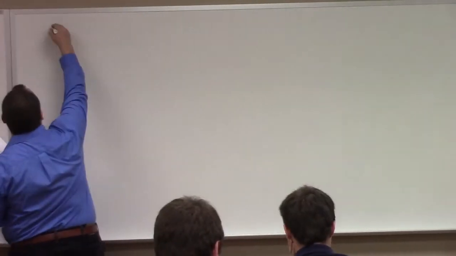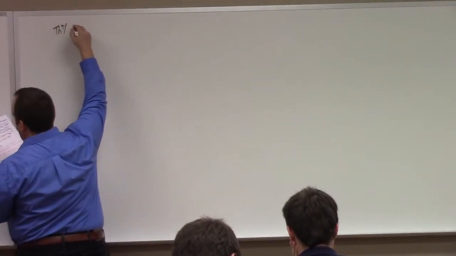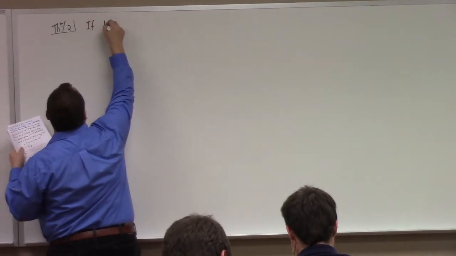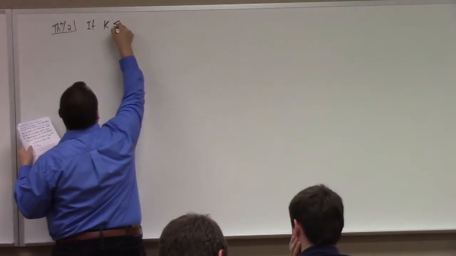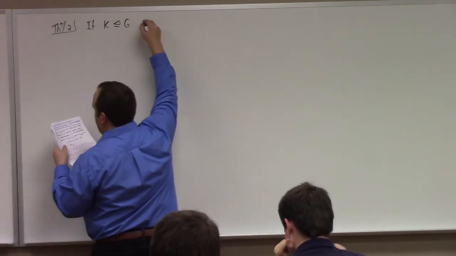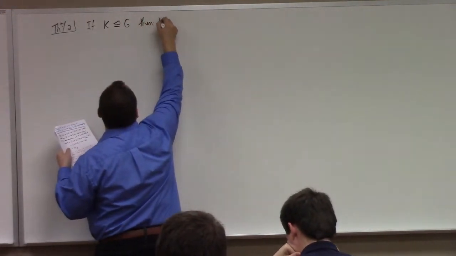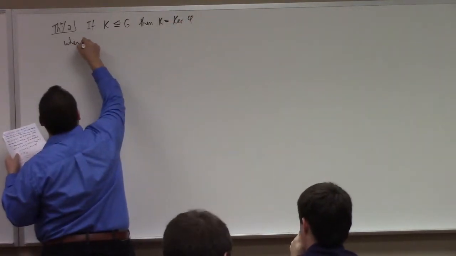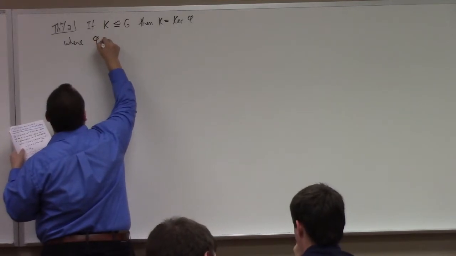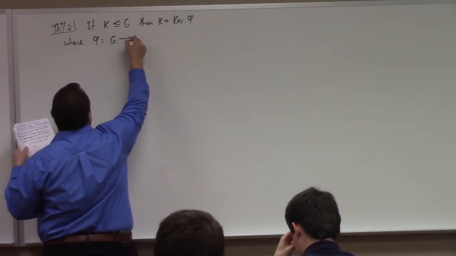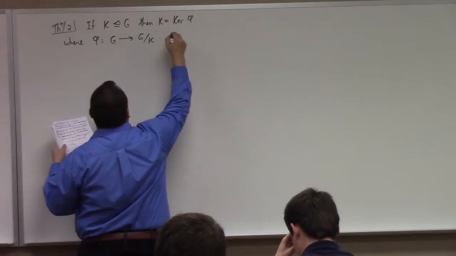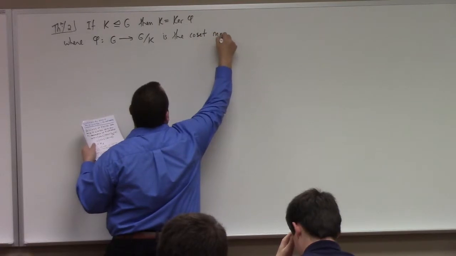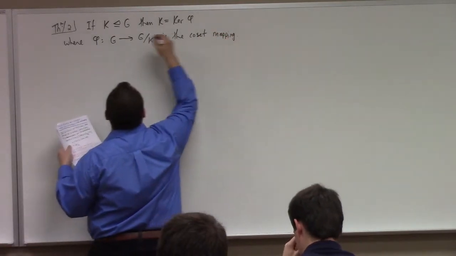Theorem 2, and anyway, I'll just state it. Theorem 2: if K is a normal subgroup of G, then K is equal to the kernel of phi, where phi mapping from G to G mod K is the coset map. We've already talked about this coset mapping before.